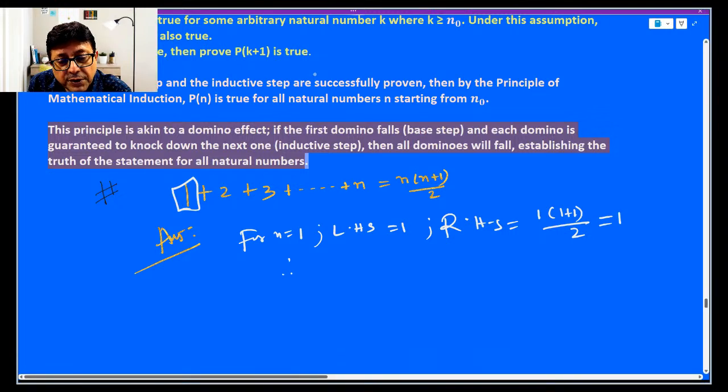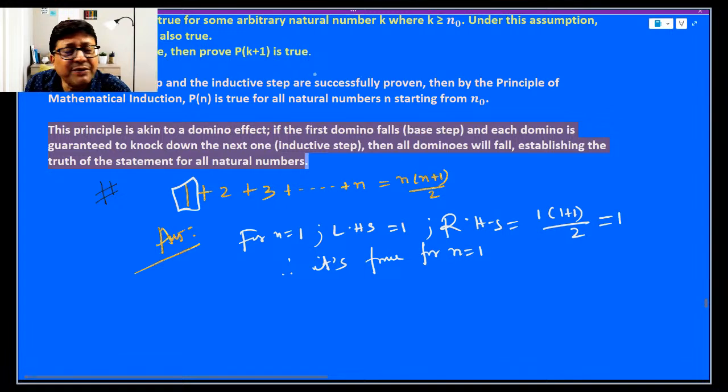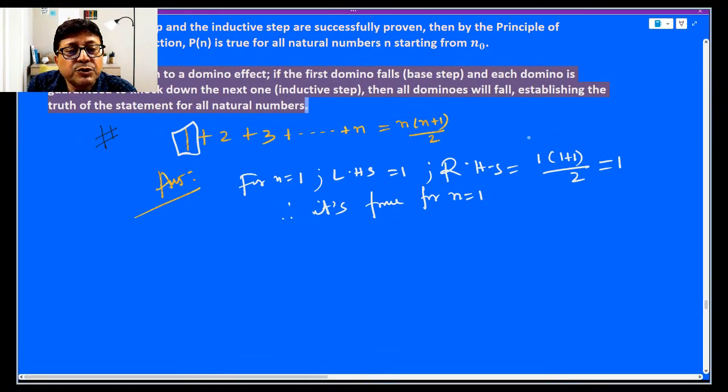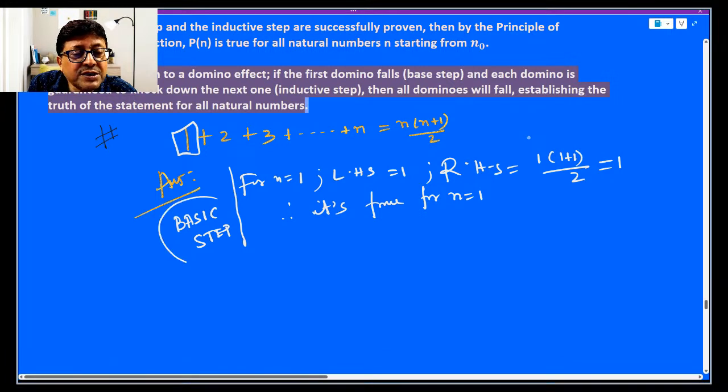Therefore, this relation is true for n equal to 1. You can check for n equal to 2 or you don't check. Initial value we got. Only one initial value you need to check. For n equal to 1 it is checked. This is the basic step we have done.